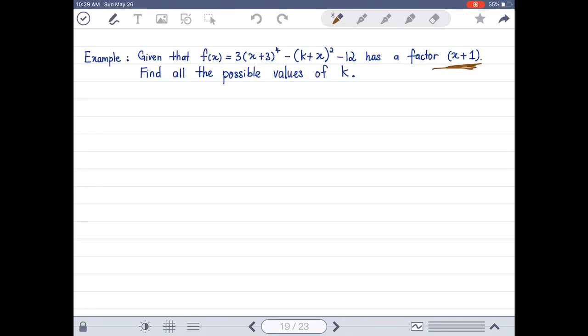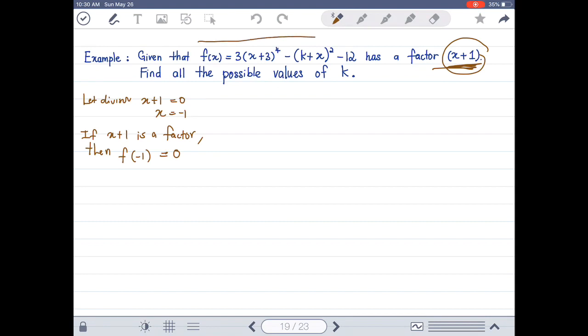Okay, by the factor theorem, if x plus 1 is a factor, then let the divisor x plus 1 equal 0, hence we have x equals negative 1. If x plus 1 is a factor, this is by factor theorem, then we should have f(negative 1) equals 0.